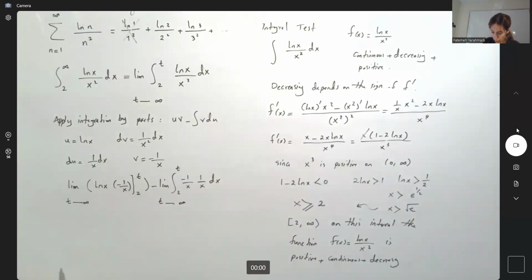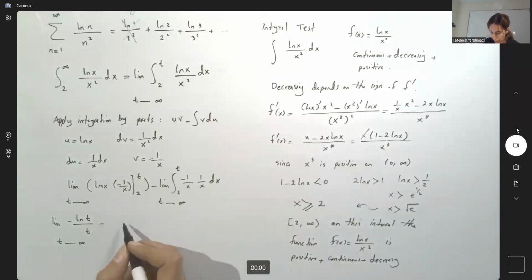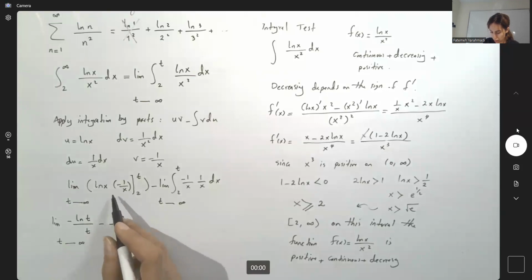Perfect. So let's see. Here you have ln of t divided by t, and you have a negative sign. You're taking the limit as t goes to infinity, minus, here I have now ln of 2 divided by 2, with another negative sign.